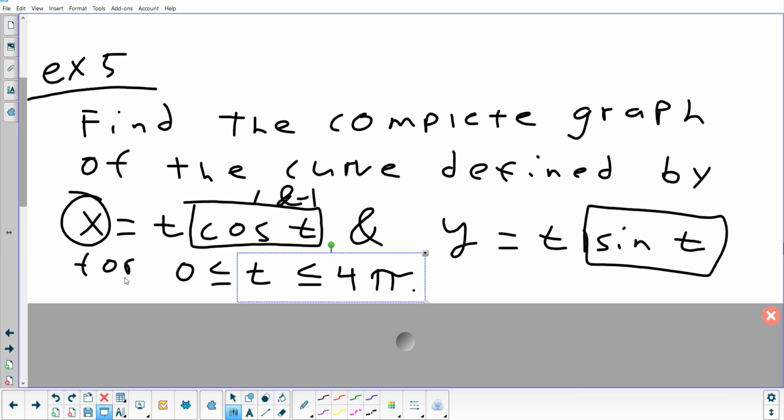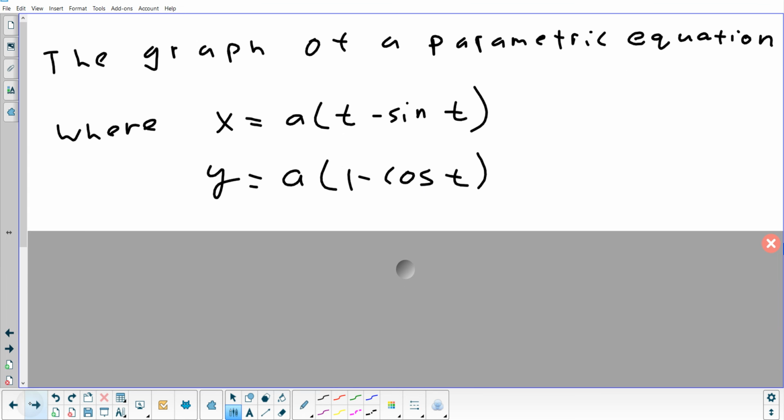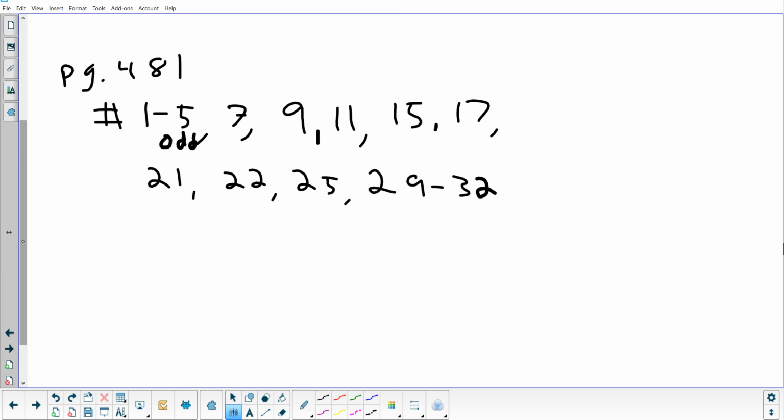All right, so you'll practice some more sketches in the homework, but not really by hand, just using the calculator. So let's take a look at this. Okay, I'm going to change a couple questions, so if you just hold off on writing it down for 1 second. Skip those two.